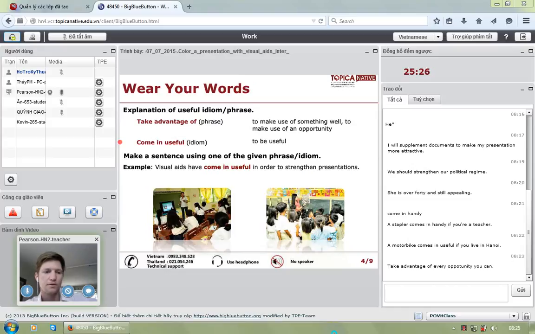Okay, and Zhao? A raincoat will come in useful when you travel in Ho Chi Minh City this season. Okay, is it raining a lot there right now? Yes.